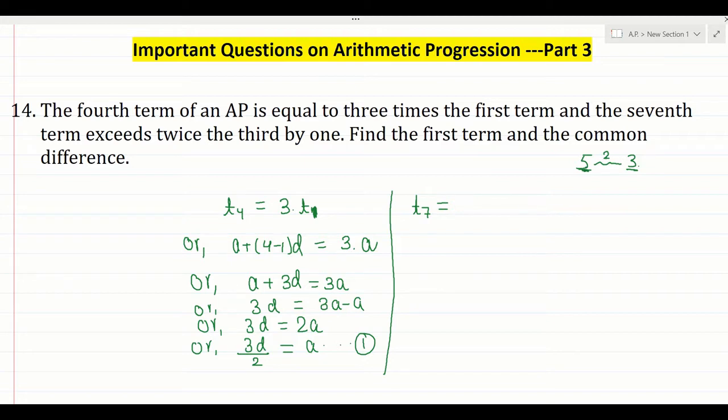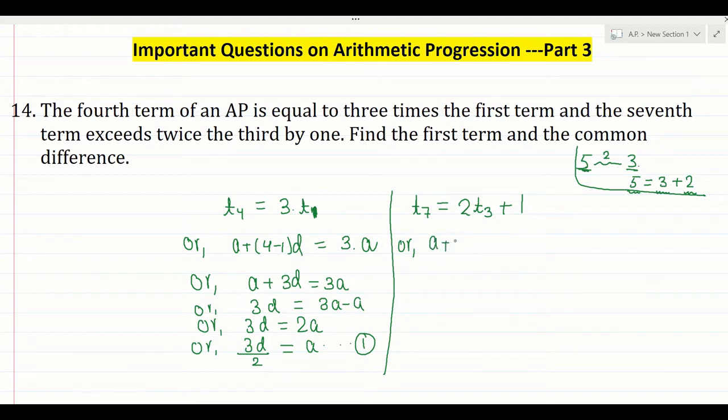It means 5 is equal to 3 plus 2. Is this clear? So the seventh term exceeds twice the third term by 1.